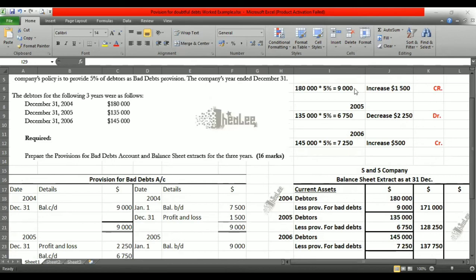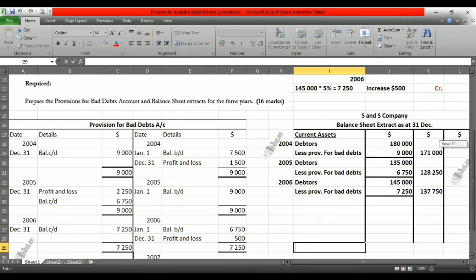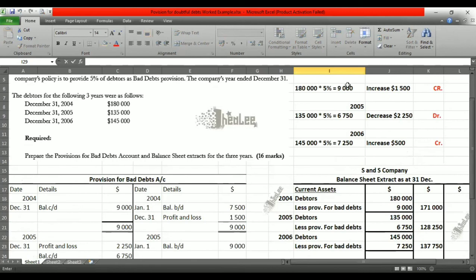So in your workings, you would have noticed that for 2004, the value there is $9,000 as your provision for bad debt. That is a balance coming out of 2004, based on your account, you're seeing 9,000 as your balance.